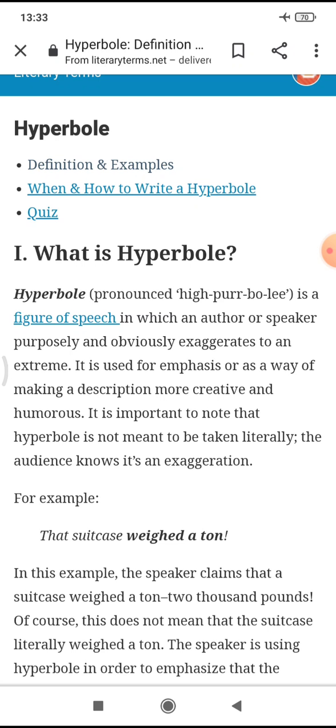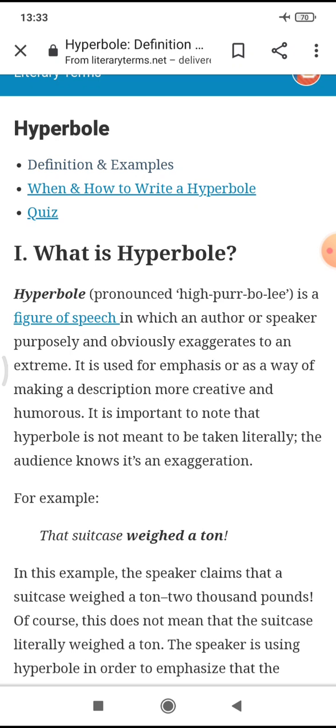It is important to note that hyperbole is not meant to be taken literally. The meaning of it is not taken literally.